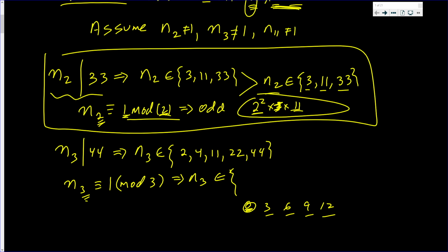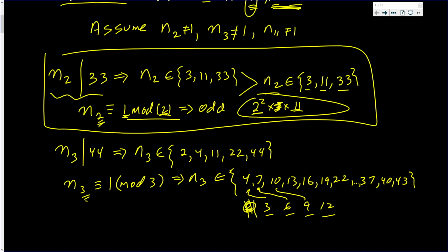When you add 1 to 0, you get 1. We don't want that 1. You get 4, 7, 10, 13, 16, 19, 22. I can skip a little bit. Eventually you get to 37, 40, and 43.